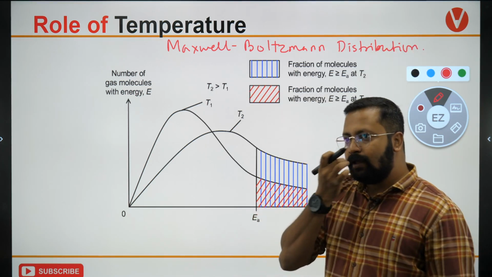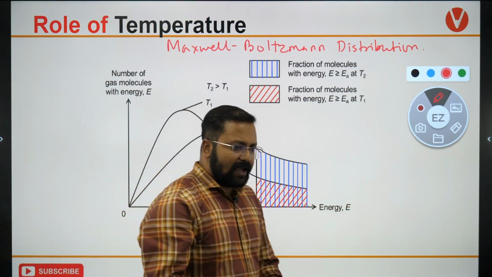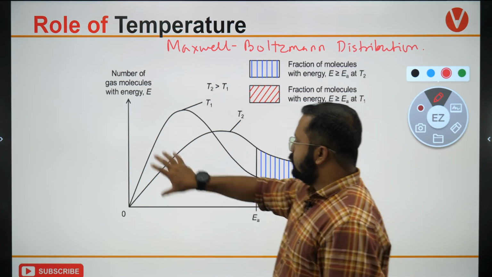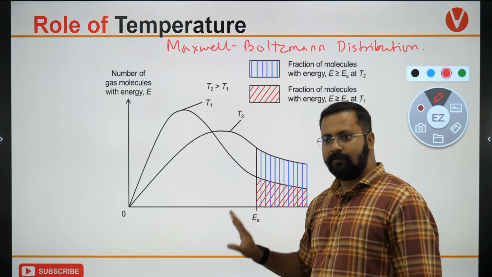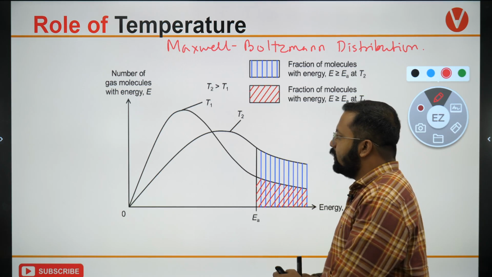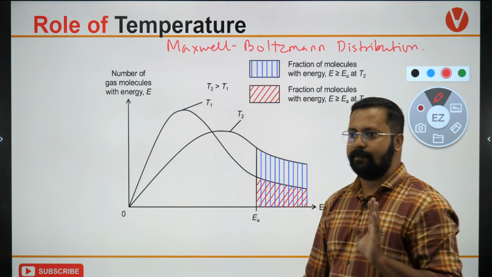Now what the Maxwell Boltzmann distribution does is identify the fraction of molecules with respect to energy. It helps us plot the fraction of molecules which have a certain energy at a particular temperature.